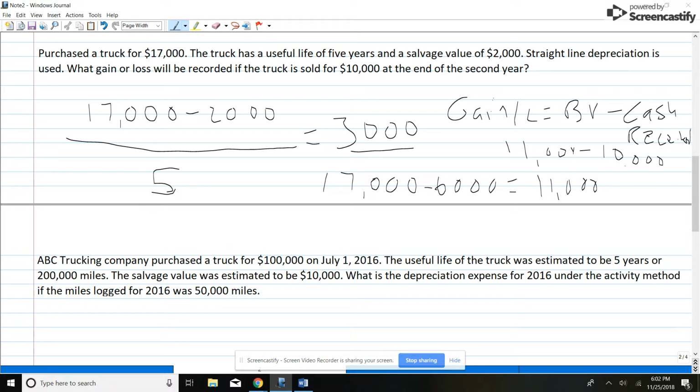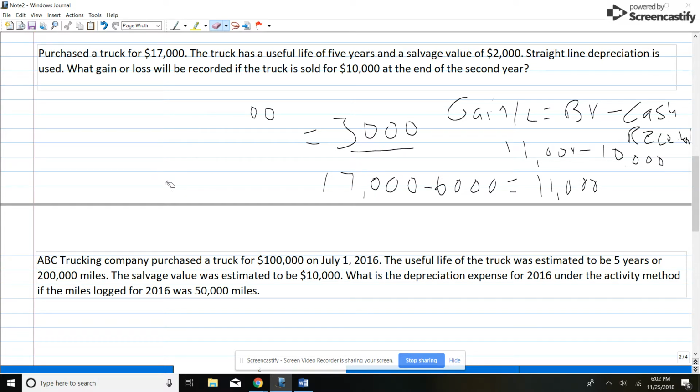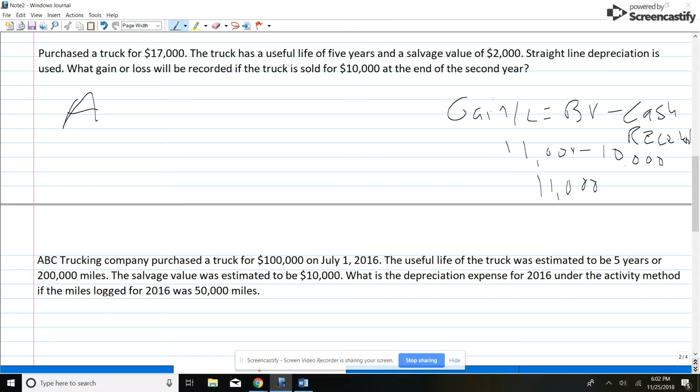So let's talk about what we would record with this. Again, I want us to try and fill this out so we know what's going on. All right, let's take a second and try to fill that out. At the end of the second year, we're getting rid of the truck, and we would get rid of it at cost.